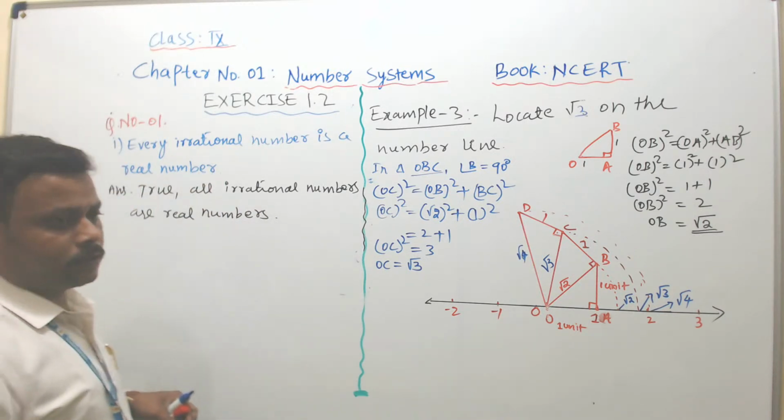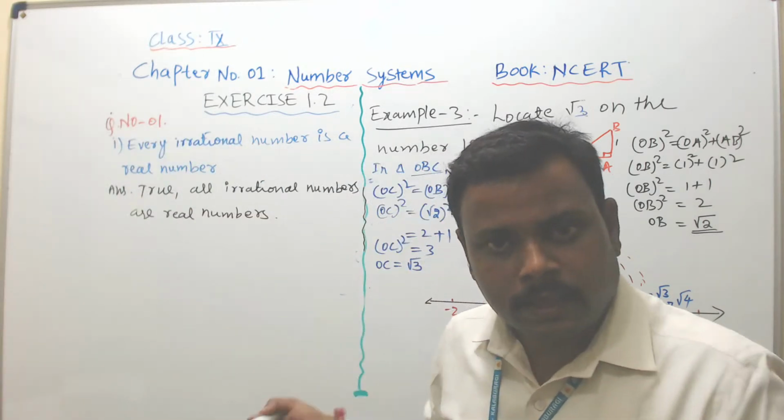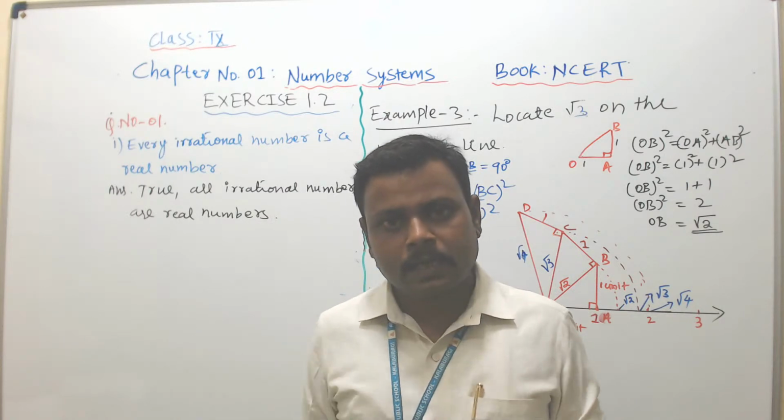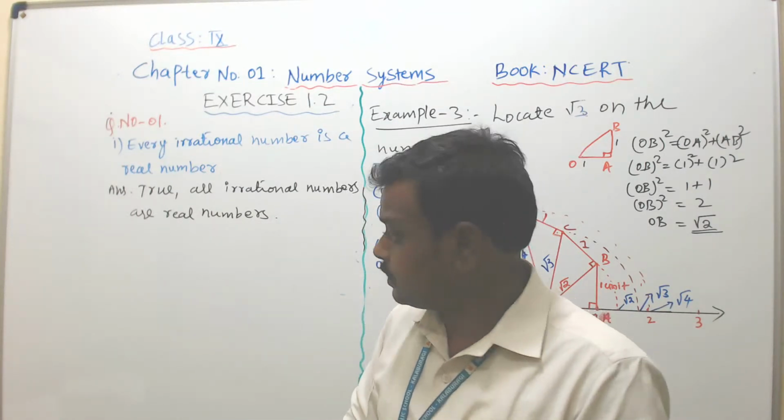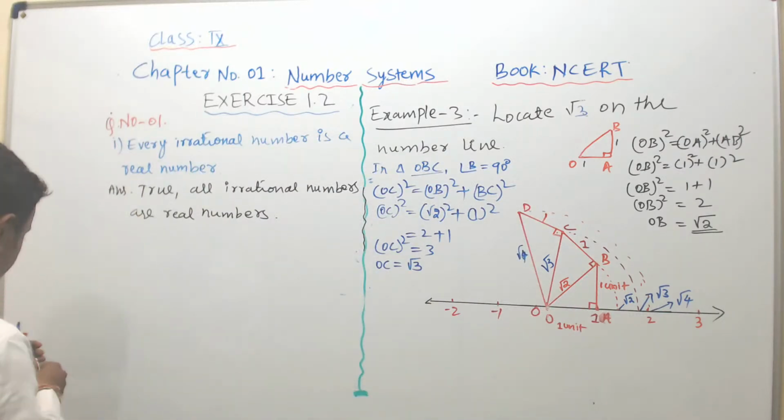All irrational numbers are real numbers, because in the definition itself, rational numbers plus irrational numbers are called real numbers. Next, second question in this.